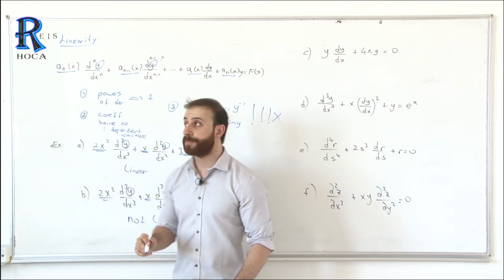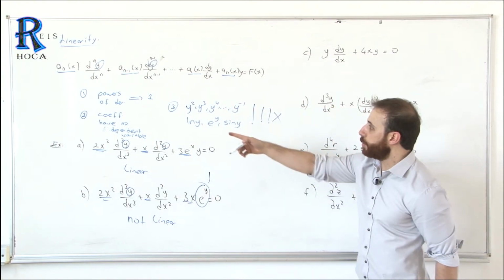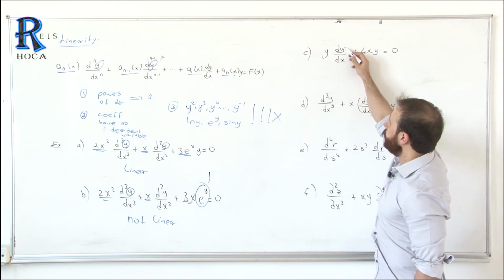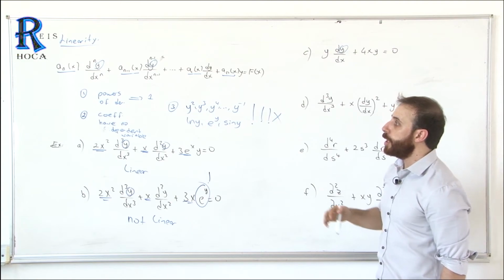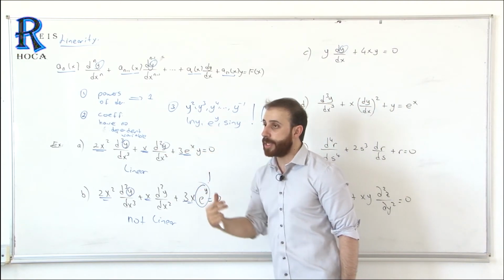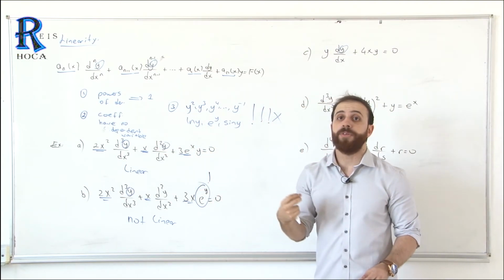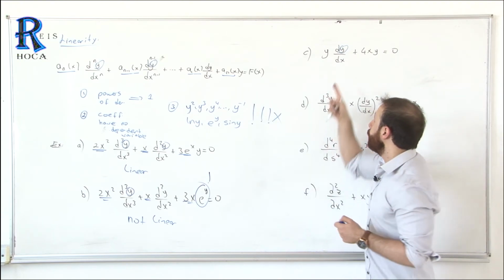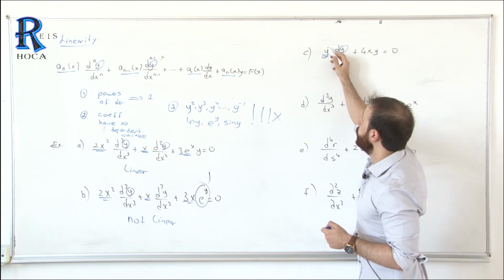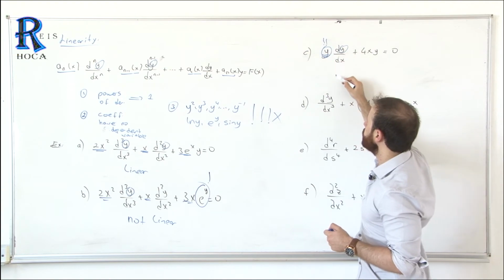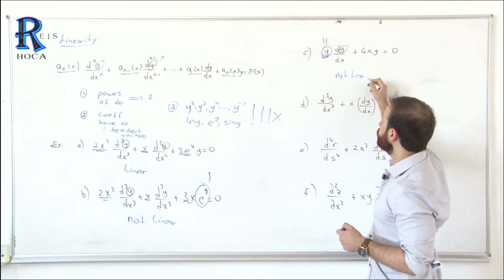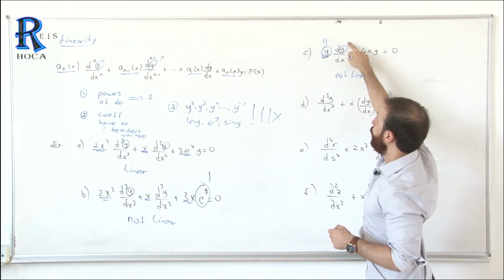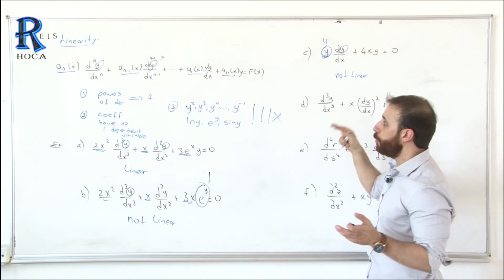And to continue, look, from the second property, this is the dependent variable. What does the second property say to us? On the coefficient, there will be no dependent variable. On the coefficient, we have the dependent variable. This is a problem for us. That's why this is not linear. And the power is 1, no problem.